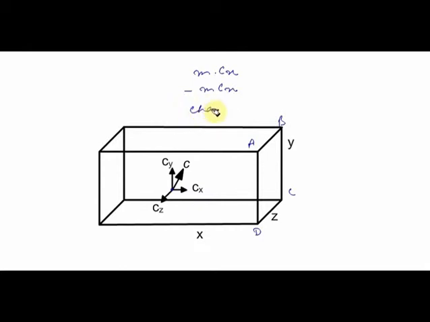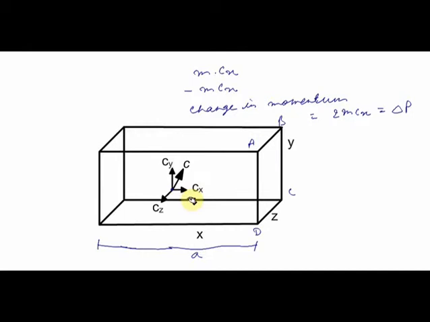So the change in momentum will be 2mCx. Now let the length of this container be a. So here we get 2mCx as delta P.